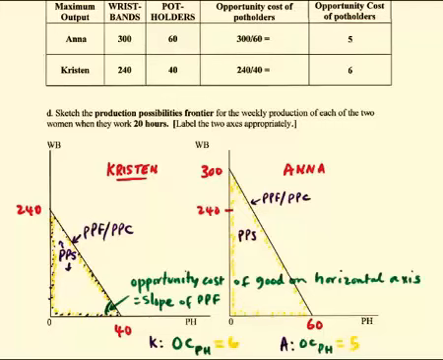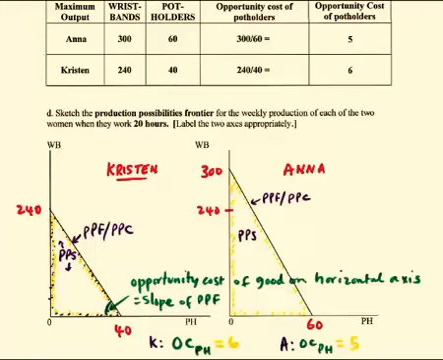Alternatively, we can say that to go from 0 potholders to 40 potholders, Kristen must give up the possibility of producing 240 wristbands, so she gives up 240 to produce 40, so the opportunity cost of each potholder is 6 wristbands given up or foregone.